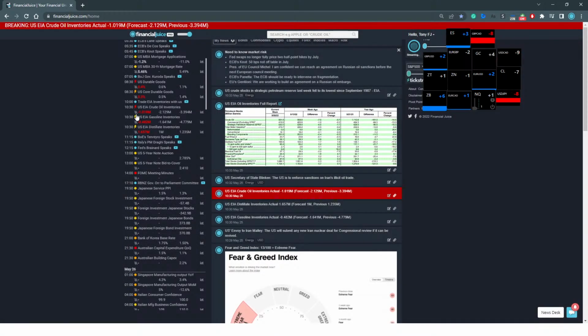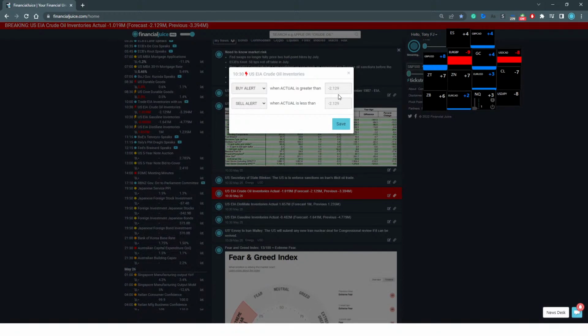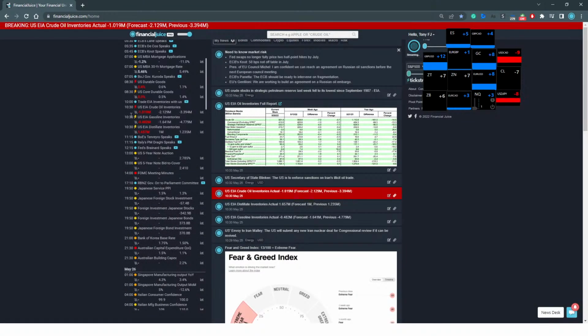That will set itself here, and when the figure matches the figure you've put in for your trigger, it will show with a little buy or sell sign here. Again, it's a manual thing that you put in yourself, nothing that we do. Even if you see here, it's just showing you the forecast of what it currently is. It's not showing you what figure to put in yourself. But that is also real time too.